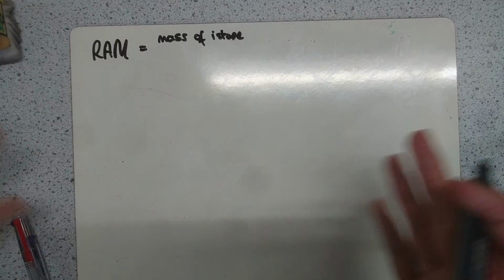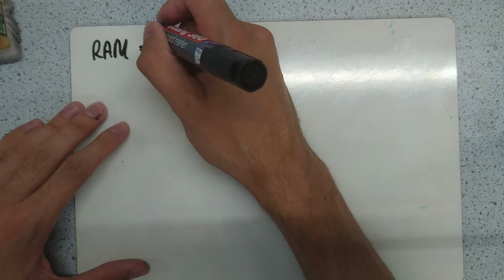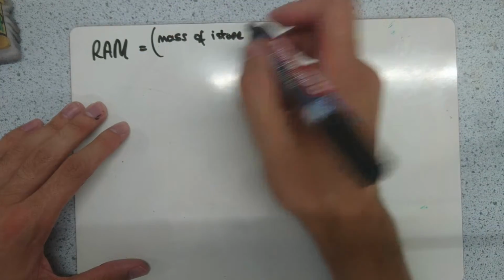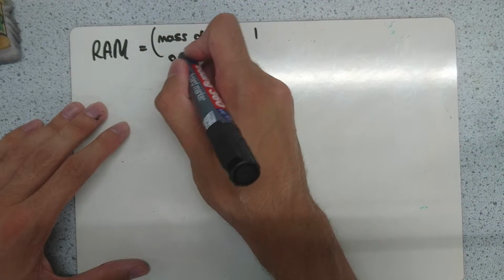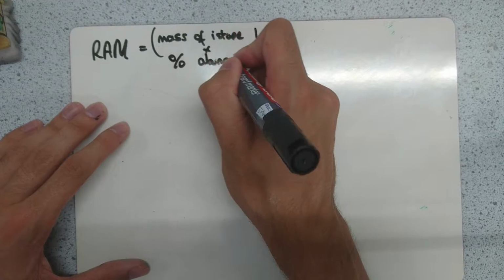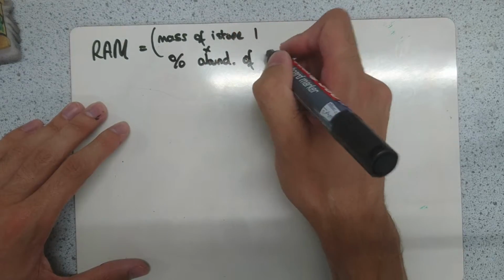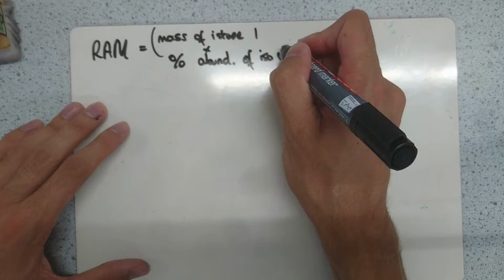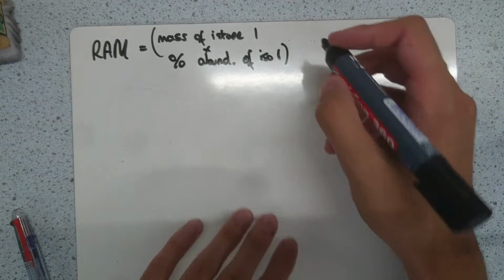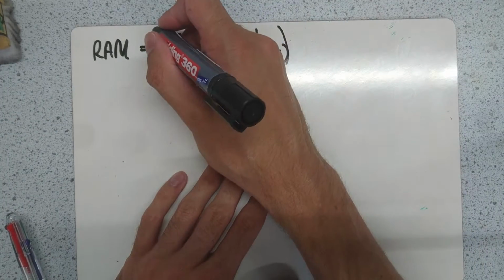Doesn't matter. I'm going to show an example just with 2 isotopes. So the mass of isotope 1 times the percentage abundance of isotope 1. I'm just abbreviating so I can fit it in. Close the brackets around all of that.